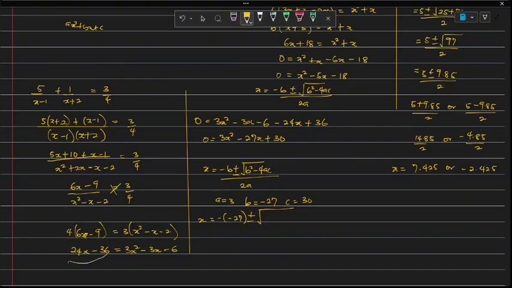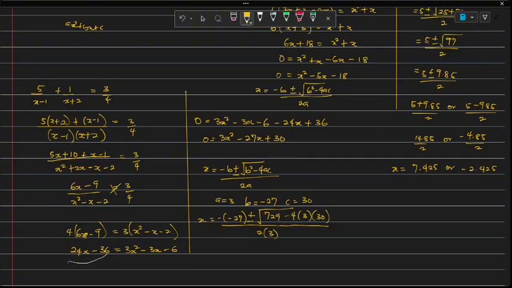Minus 27 squared gives us 729. Yeah, so we have 729 minus 4 times a is 3. So 4 times 3 times c is 30. All over 2a, 2 multiplied by 3.